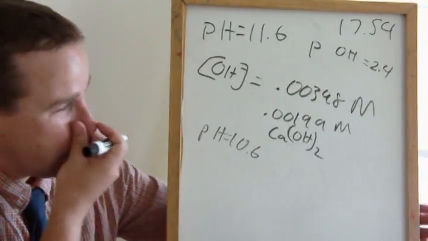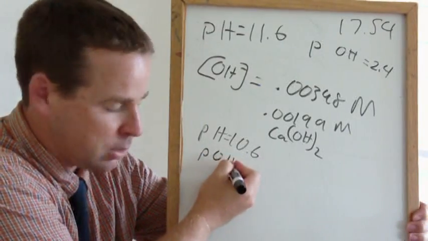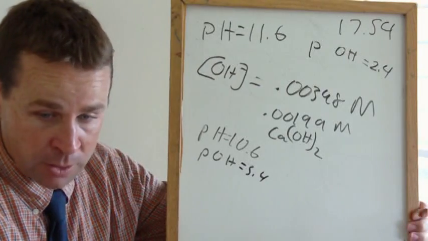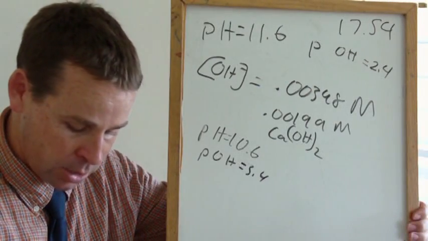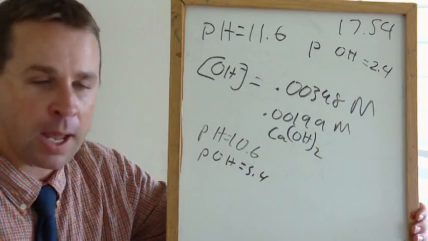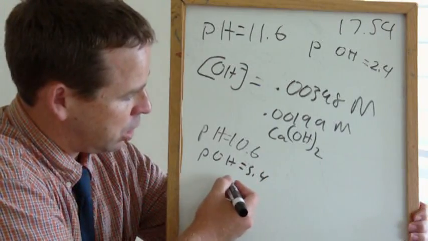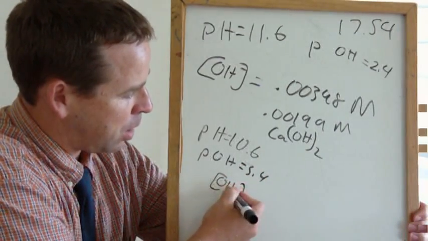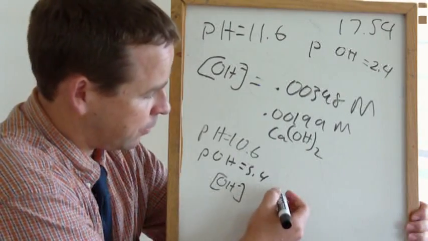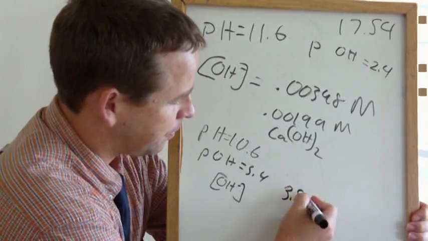All right. So pH is 10.6. pOH then is 3.4. If pOH is 3.4, that means the hydroxide ion concentration is 10 to the minus 3.4. That means the hydroxide ion concentration for the second part of this problem is 3.98 times 10 to the minus 4.